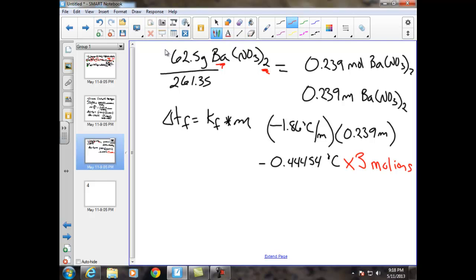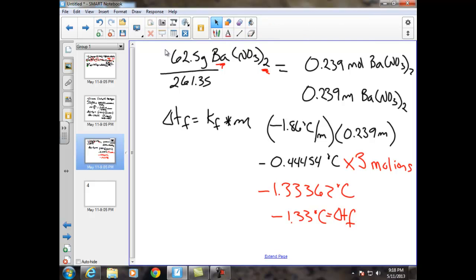That's not going to be an actual unit, this is just where it's coming from. So I multiply this by 3, and I get a negative 1.33362, so negative 1.33 degrees Celsius temperature change. Now, the new temperature would be negative 1.33 degrees Celsius as well, because we were using water.